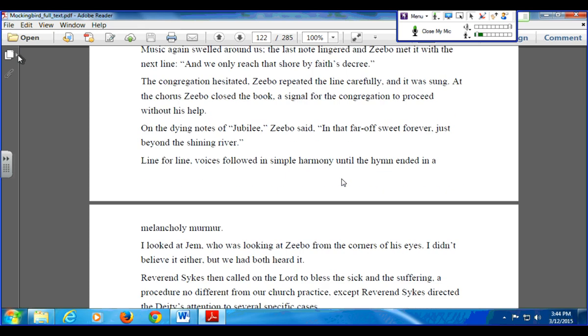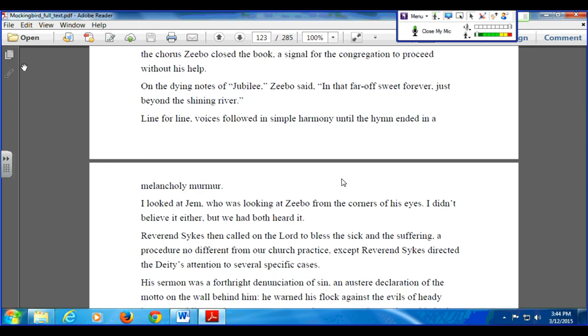"At the time of the Jubilee," Zebo said, "not far, sweet forever, beyond the shining river." Line for line, the voices followed in simple harmony until the hymn ended with a melancholy murmur. I looked at Jem, who looked at Zebo in the corner of his eyes. I didn't believe it either, but we both heard it.